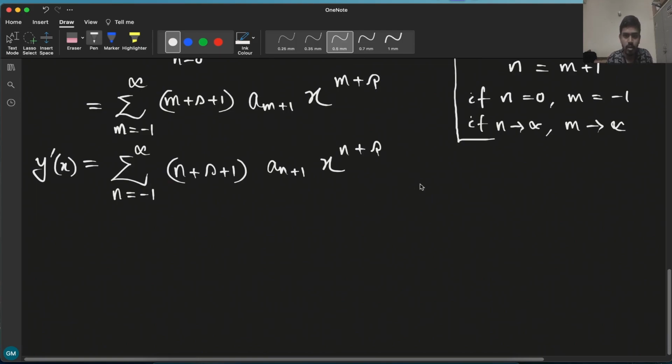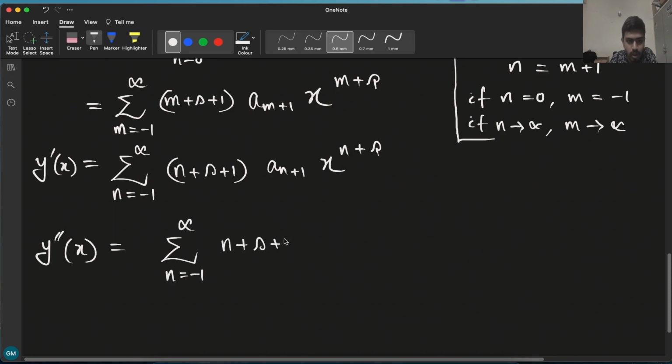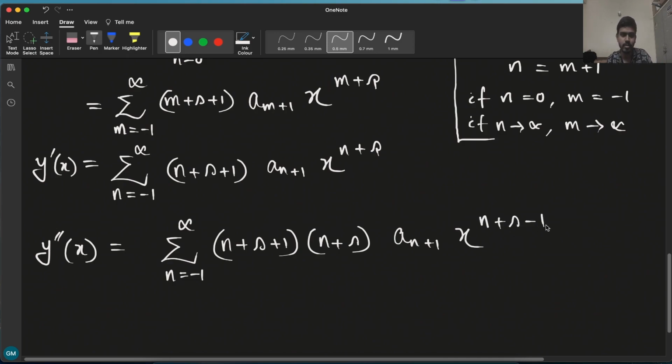Good. Now we will calculate y double dash x. So y double dash x will be the sum from n equals minus 1 to infinity of (n plus s plus 1) times (n plus s) a_(n plus 1) x to the power n plus s minus 1, just d/dx of y dash x.